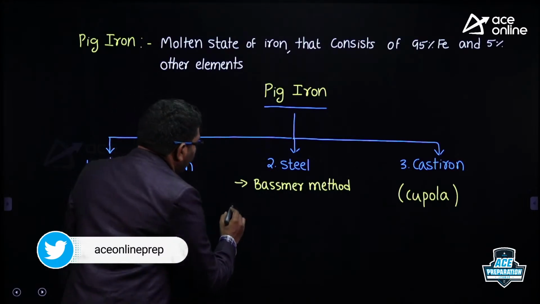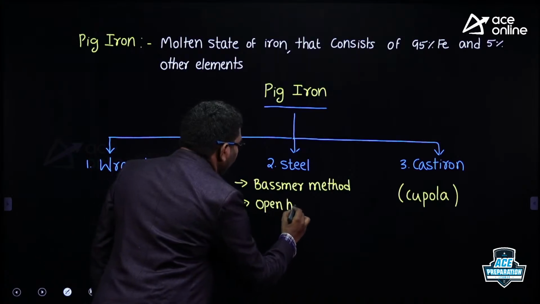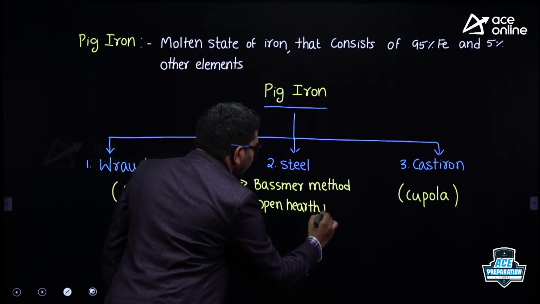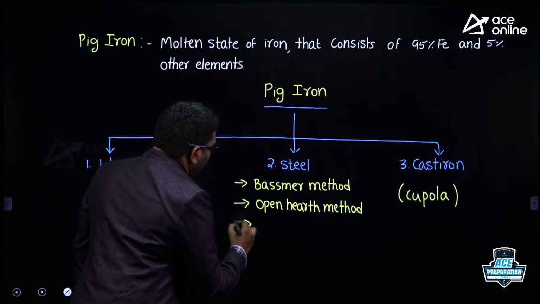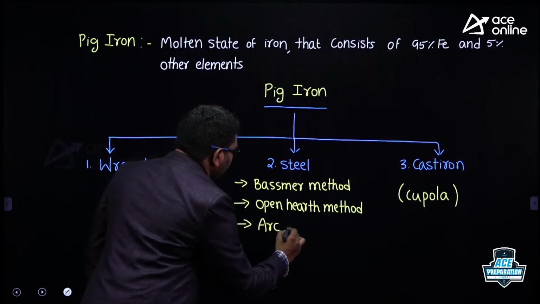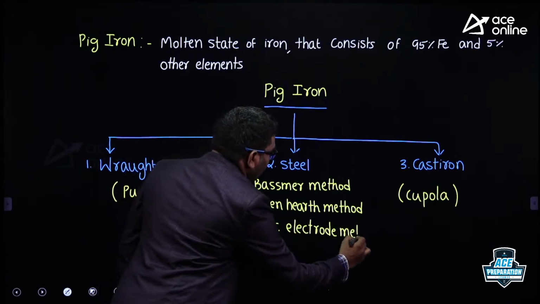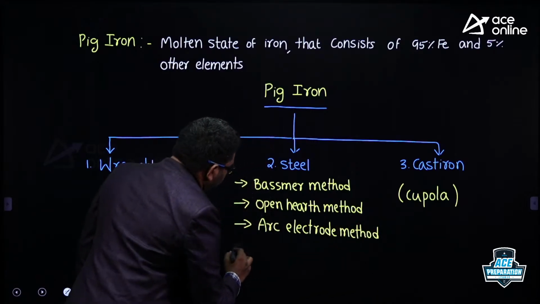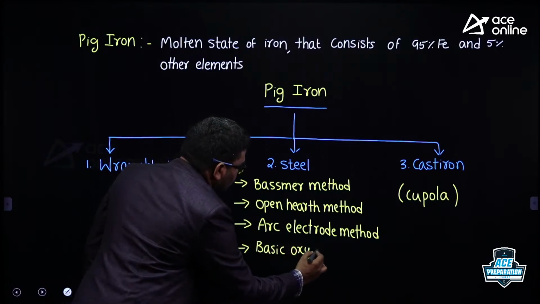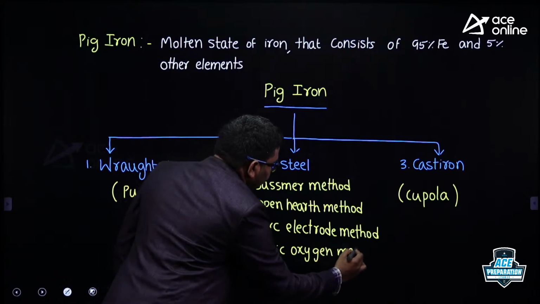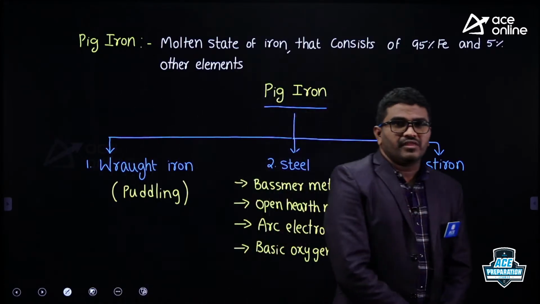The second one is the open hearth method, and then the arc electrode method, and the basic oxygen method. These are the different methods we are using to produce steel.